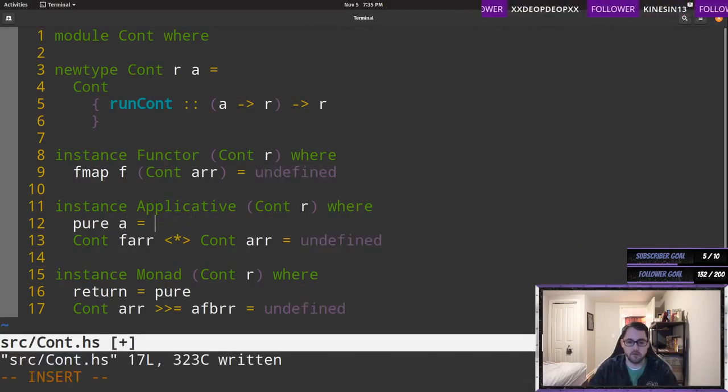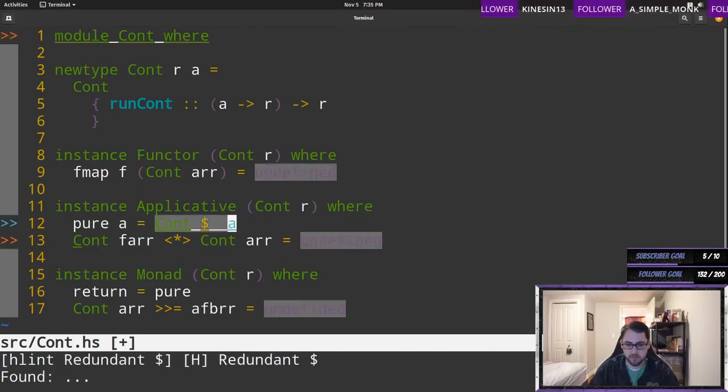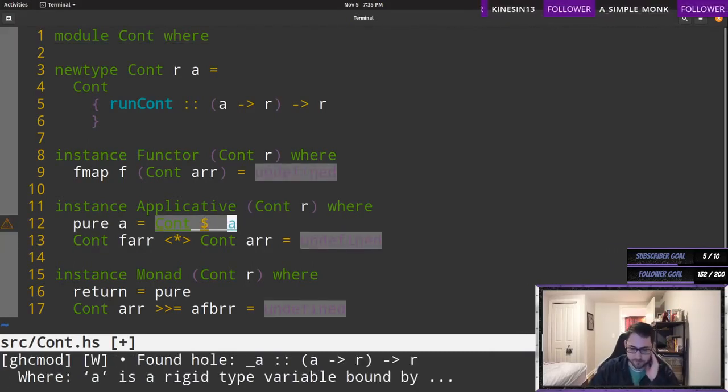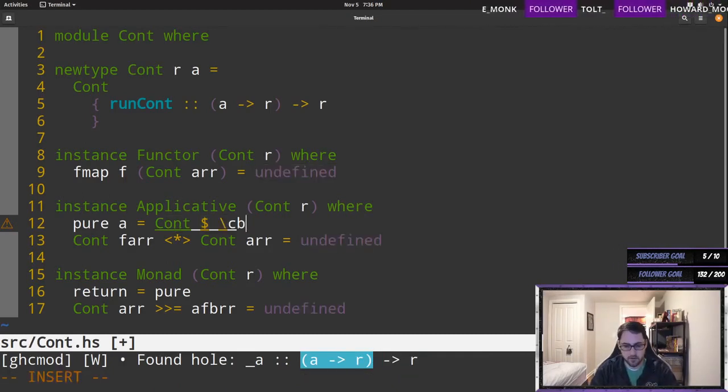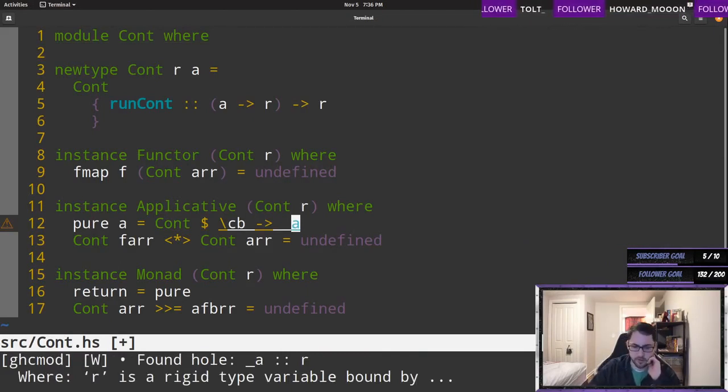All right, so here's the piece that I realized made the most sense to me. If you put a hole here, you realize that you need to create this thing, and this piece right here is your callback. So if you have a callback here and you just put another hole here, you'll see that you need an R now.